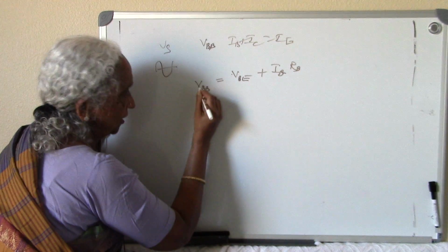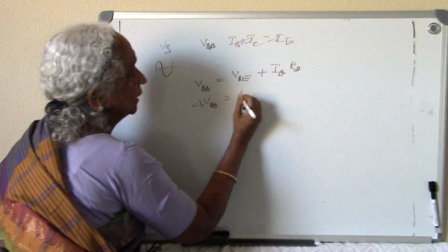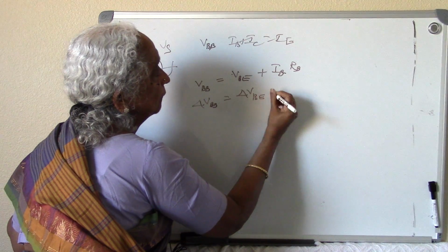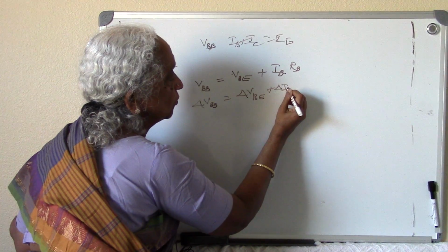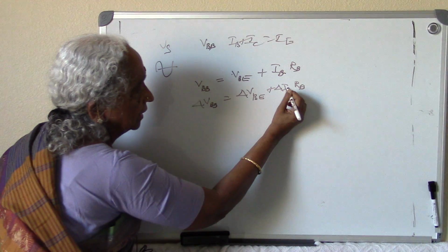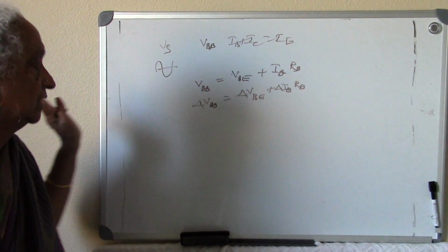So if you differentiate or find small changes, delta VBB equal to delta VBE plus delta IB into RB. This RB will not change, it's a constant. Delta IB is a small change in the IB.